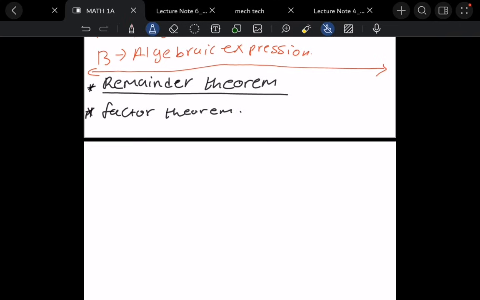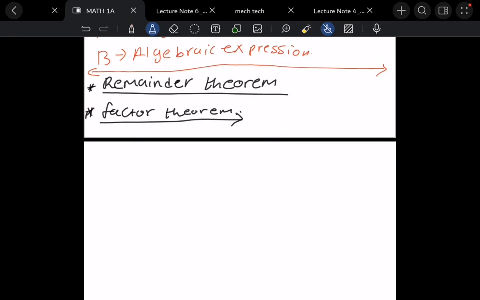Very, very simple. Trust me. So, how does one understand these theorems?